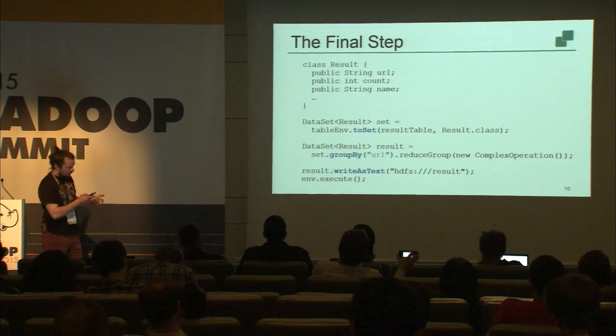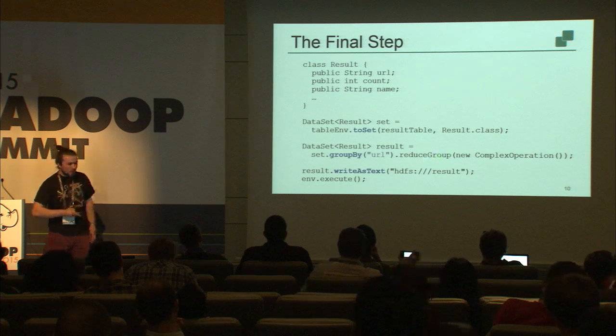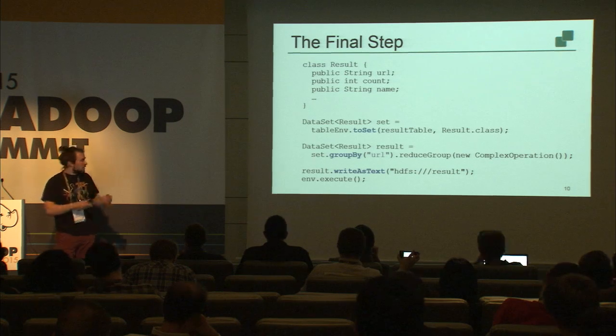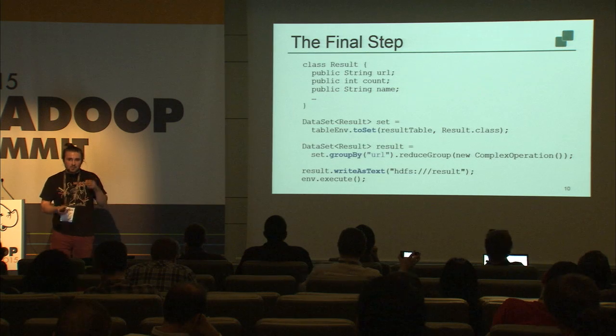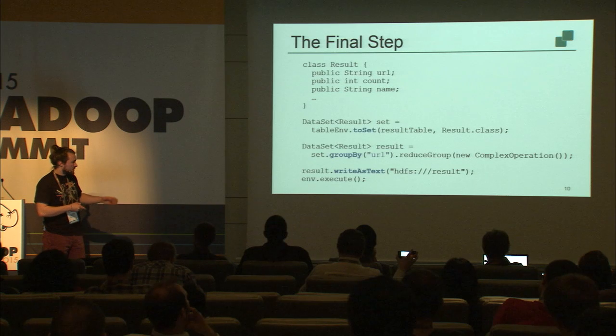So the reason why we convert this back to a data set is that we want to do this reduced group operation. This is pretty much what is known from MapReduce. In this reduced group operation, we get an iterator over all these result objects, and then using this very long list, we can do analyses that are not possible in this relation API, because this is restricted to relational operations and not the complex arbitrary operations that you would have in this functional API.